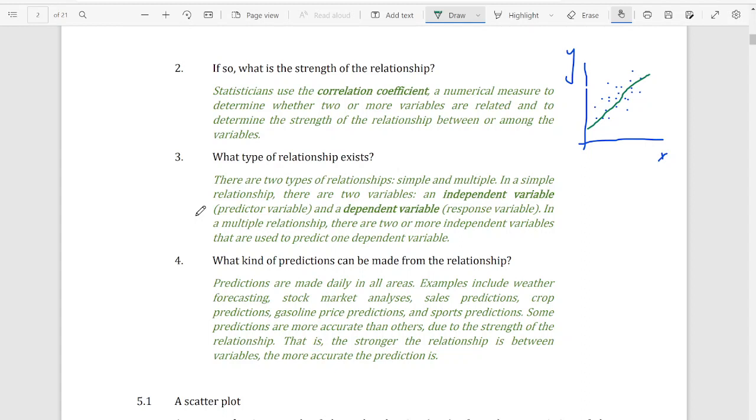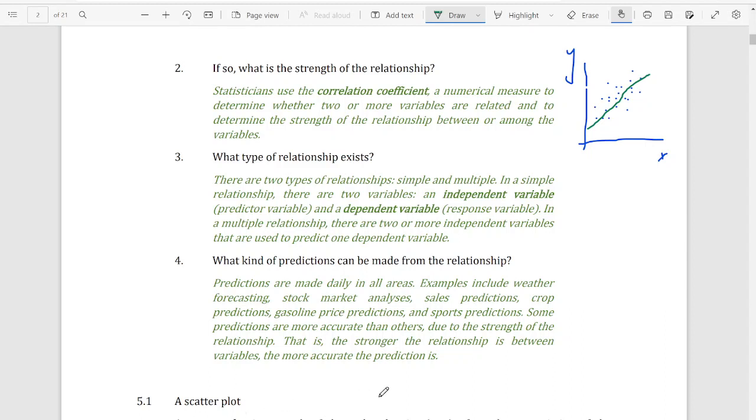Dengan syarat terdapatnya perkaitan antara kedua-dua pemboleh ubah. Kalau kedua-dua pemboleh ubah tidak ada perkaitan, there's no point untuk kita dapatkan dia punya prediction. Okay, sebab dia tak wujud, prediction dia tak tepat. Okay, misleading. Okay, and then what kind of prediction can be made from the relationship?